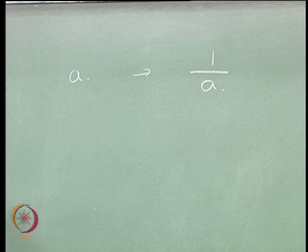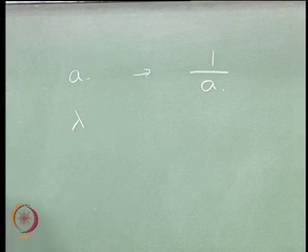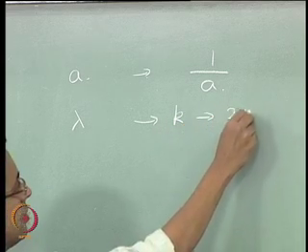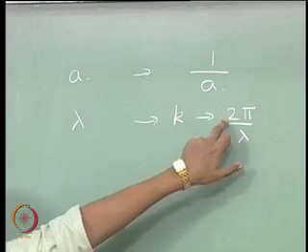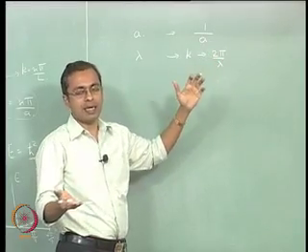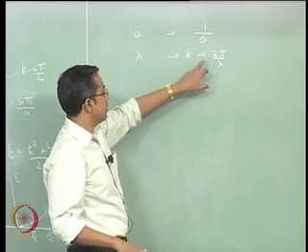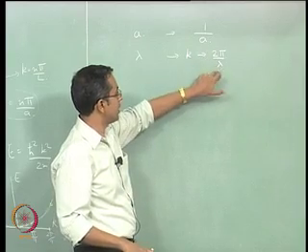Normally, when the wavelength is lambda, we have been representing it as k, which is 2 pi by lambda. So we have a multiplication factor here, which is simply a constant, a scaling factor, so it is not affecting the phenomenon in any significant way.